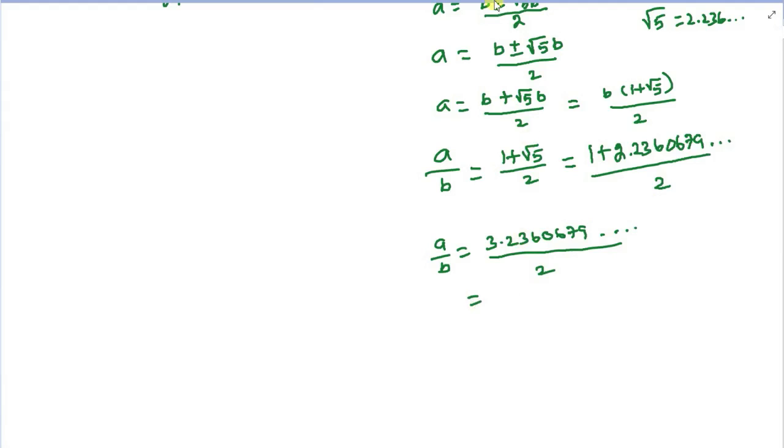So the answer is golden ratio 1.618033, etc. So this is only extra information. This golden ratio is also an irrational number.